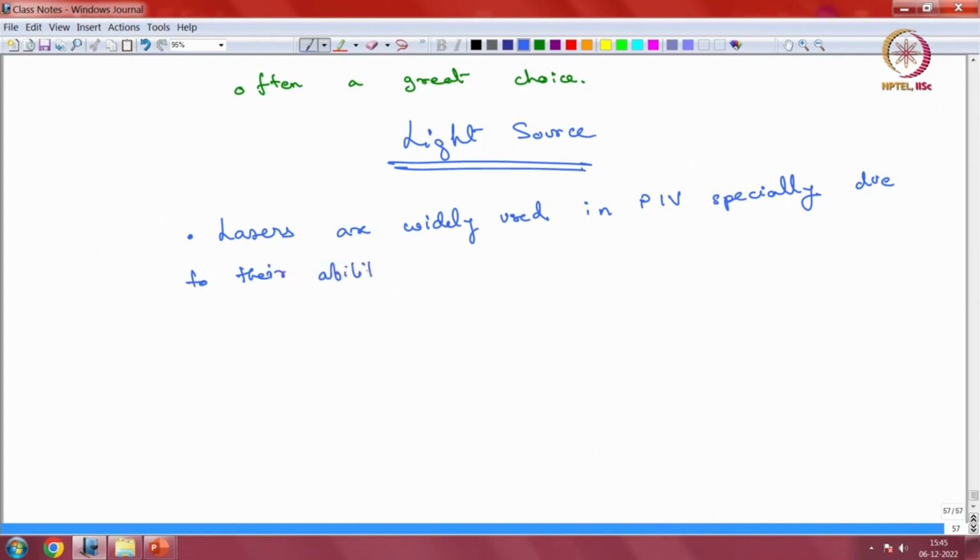I hope the first thing that comes into your mind is the monochromaticity of lasers. So, they emit monochromatic, highly collimated light with high energy density.